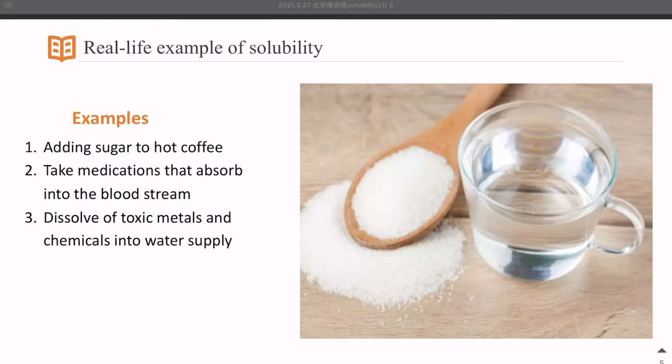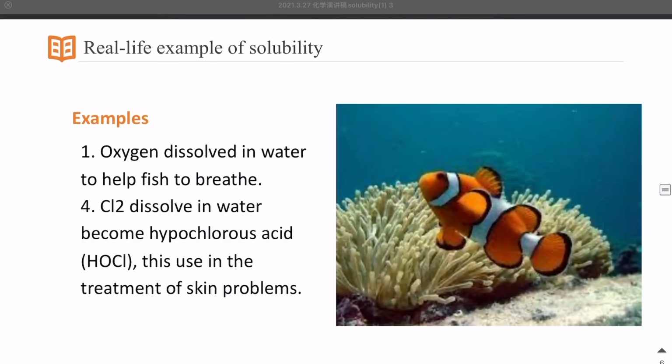So, what is the example for solubility of a gas in water? Here are two examples. The first one is oxygen dissolved in water to help fish to breathe. The second is Cl2 dissolved in water becoming HOCl, and this is used in the treatment of skin problems.